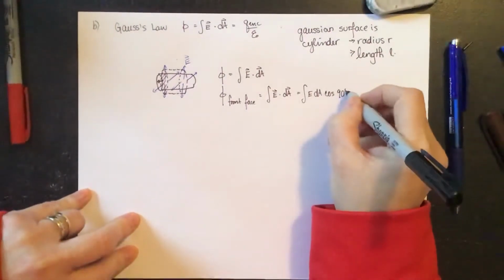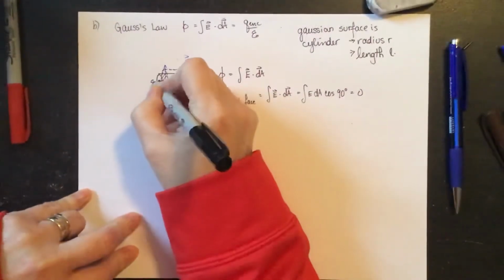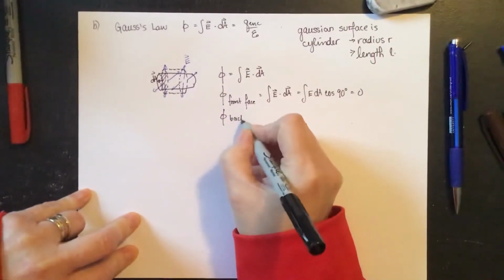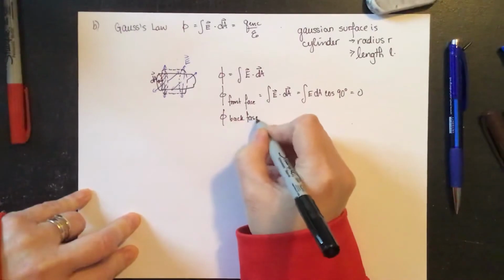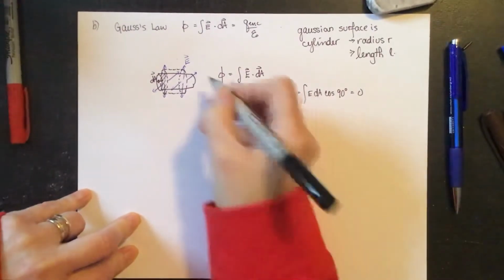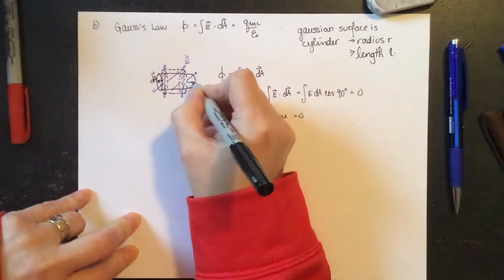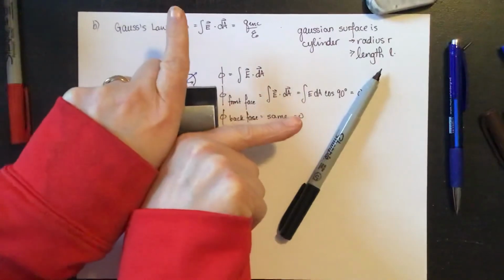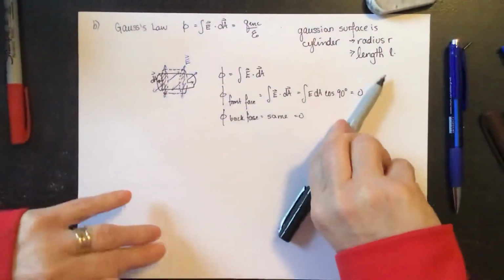Cosine 90 degrees equals 0. The back face is the same as the front face, because on the back face our electric field still comes out this way, our area vector comes out this way, and those are perpendicular.